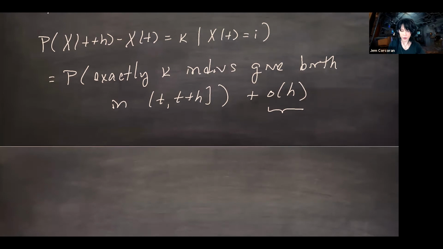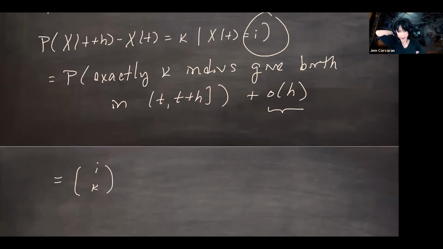And this would be out of the current I people in the population, you have to choose k of them to give birth. And so we're just going to say success is giving birth and failure is not giving birth.